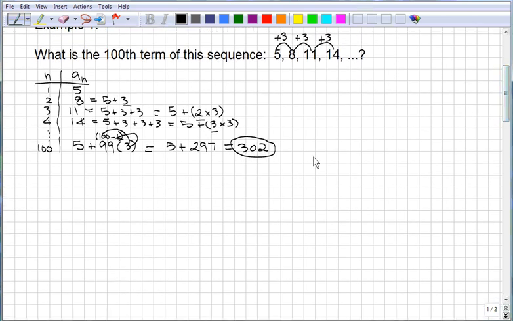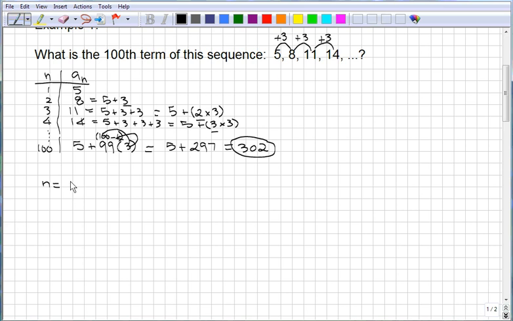Actually, you know what? Before we do that, I want to look at a general case where we have an arithmetic sequence. And I'm going to define some variables. I'm going to say n is just like we defined it up here.